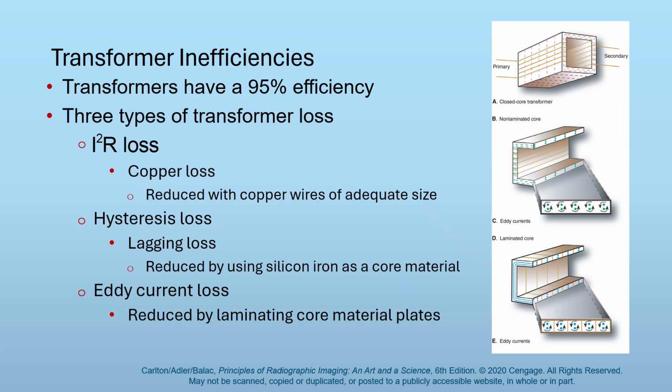Okay, and then eddy current loss. Basically, every time you flip the magnetic field, you're going to create magnetic field tornadoes that kind of spin off. Okay, those are the eddy currents.